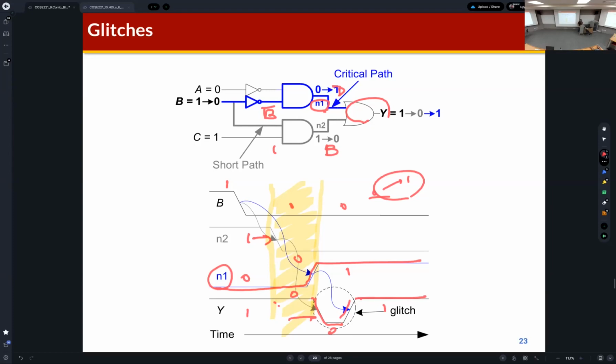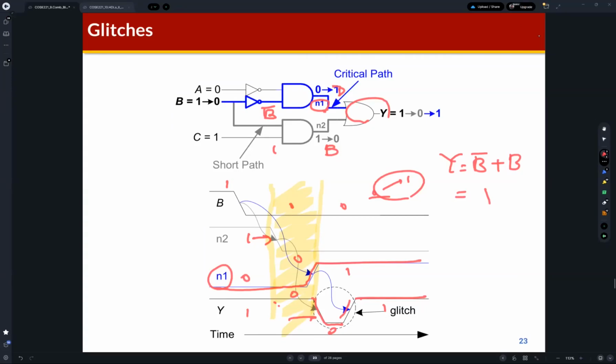With the Boolean equation, we already know that Y is not B or B, which means it's 1. So we can expect that Y is not changing, it's just 1, even though B is changing. And then this is the Boolean equation.